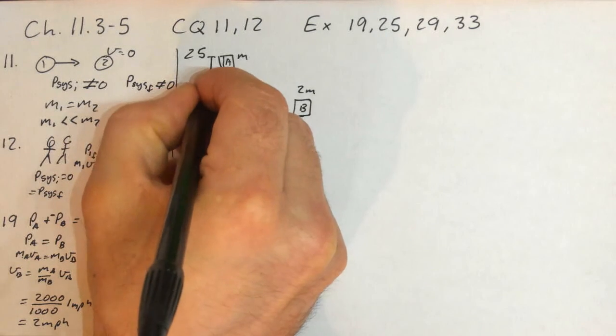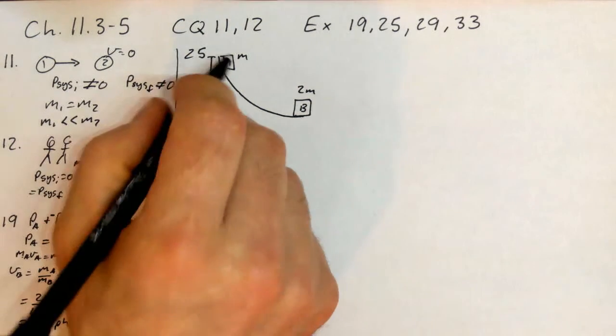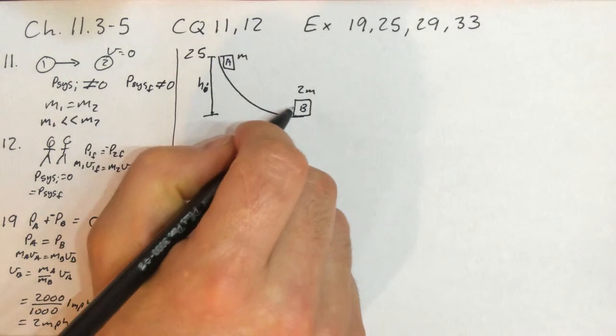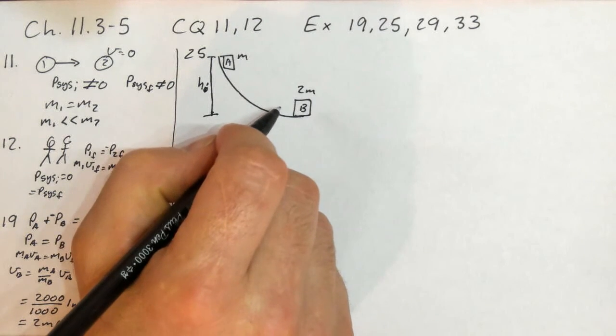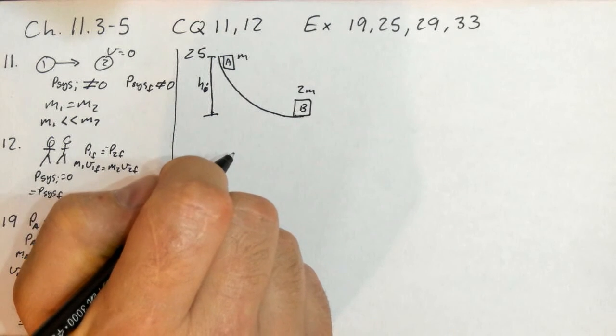I'm going to use initial and final for my subscripts. And the idea for part A is, if this package slides down and hits this package and sticks together, then how fast will the two packages move together afterwards?